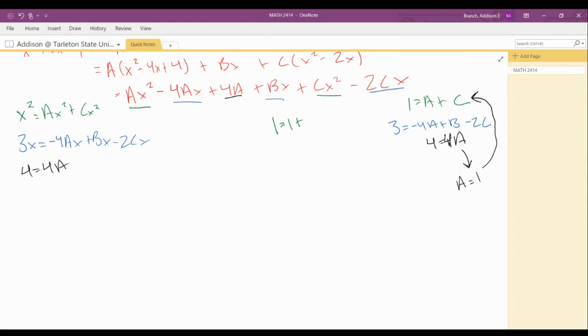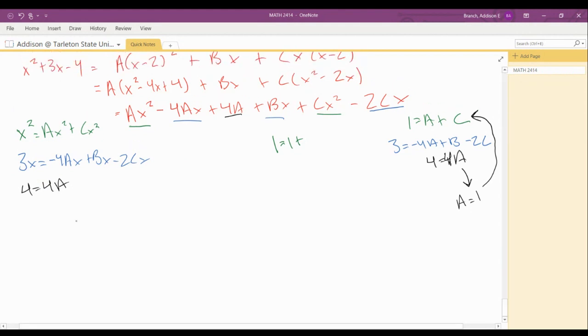This is why you always double check your signs when you write things down. Oh wait, no. No, I was right, actually. Yeah, that's a -4. That's a -4 right here.